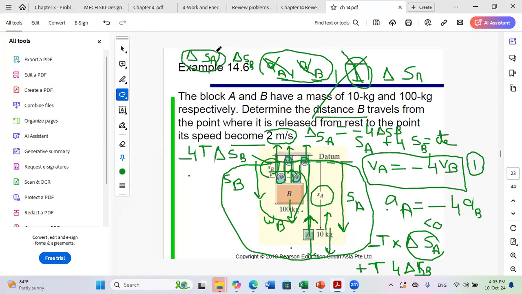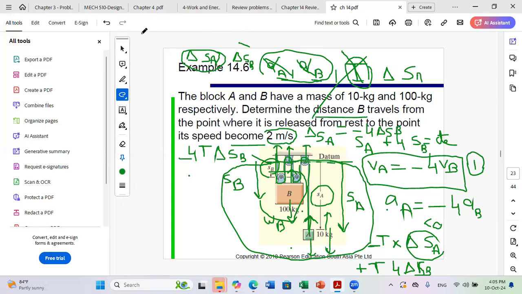So instead of dealing with 3 equations as it was the case for chapter 13, we just need to write the work and energy. How to do it? We have only 2 forces doing work, the weight of A and the weight of B. Let us take the whole system. How to write the principle of work and energy for the whole system?